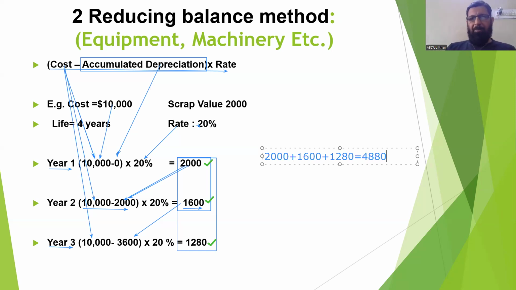That is 4880. And if you do it the other way, like 3600 plus 1280, see what answer you get. It should be the same. If you calculate 3600 plus 1280, you get 4880.